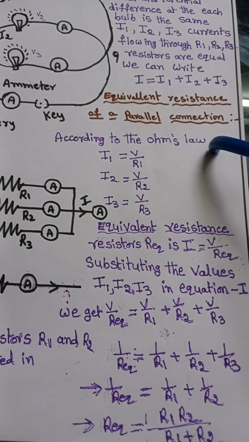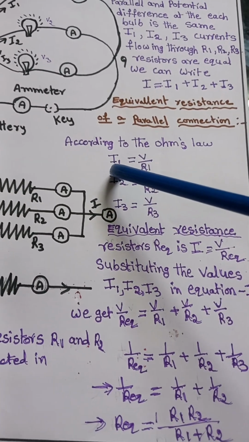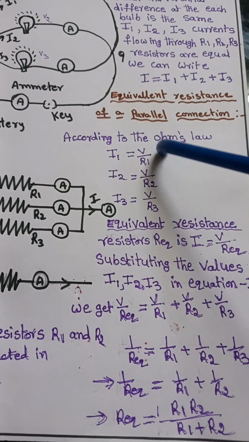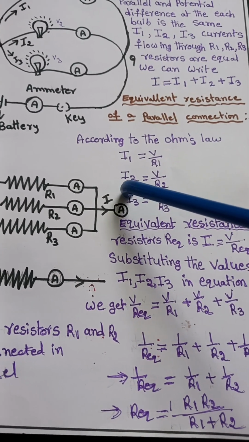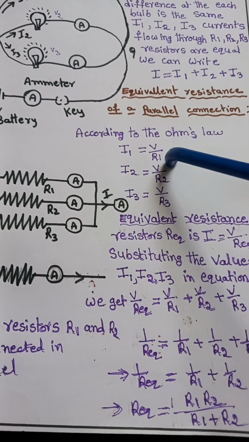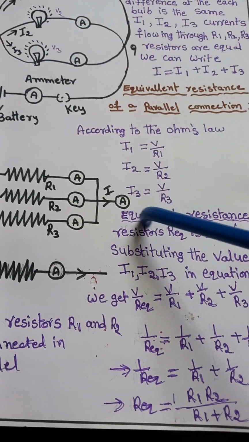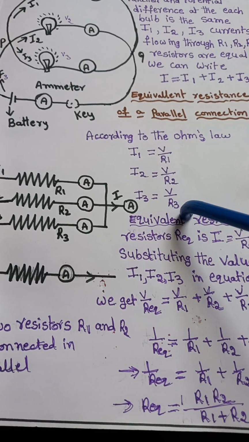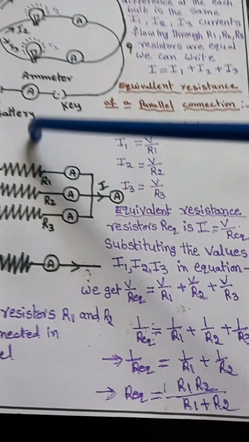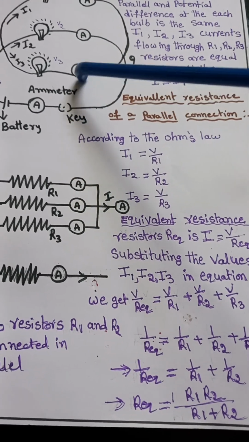According to Ohm's law, I1 is equal to V by R1, I2 is equal to V by R2, and I3 is equal to V by R3.